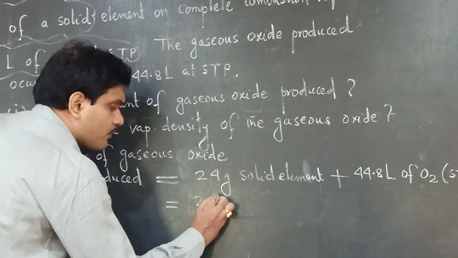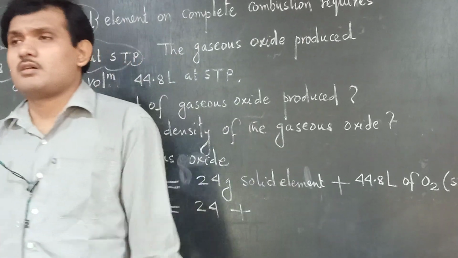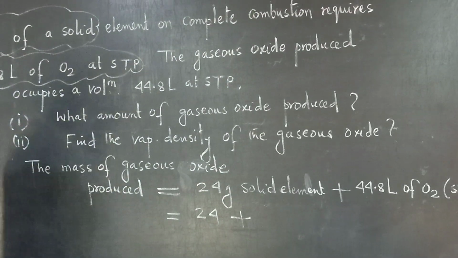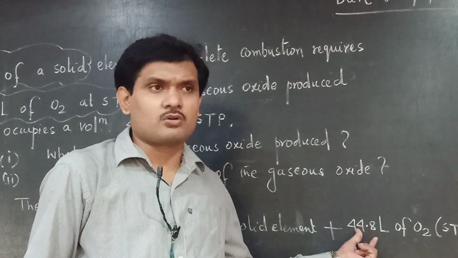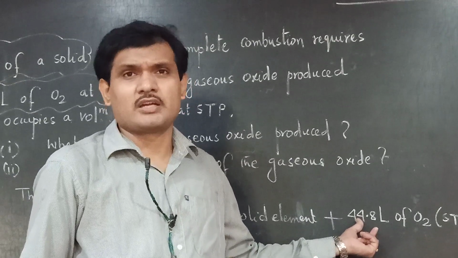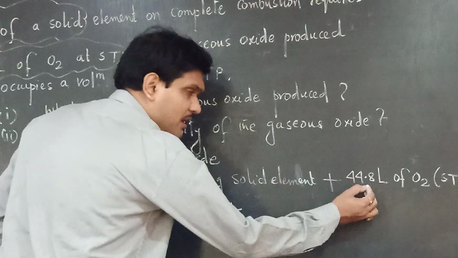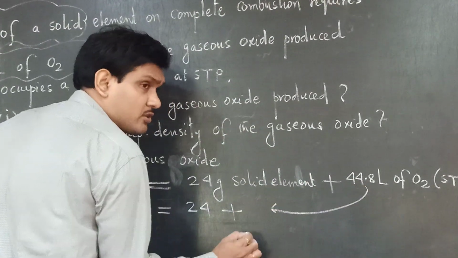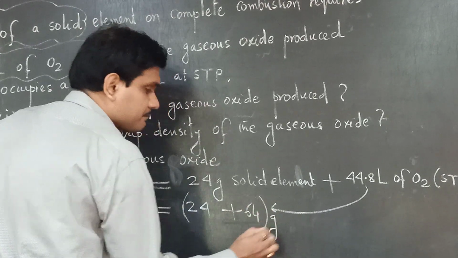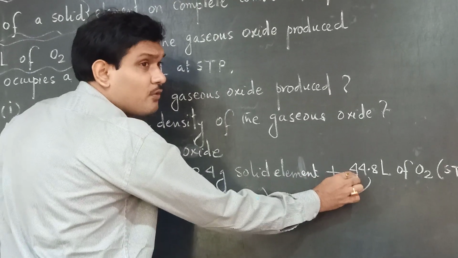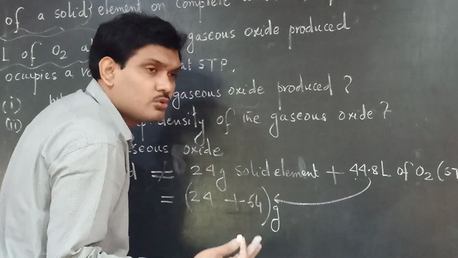So it will be 24 plus, and I am writing directly: 22.4 liter oxygen will have a mass of 32 gram.